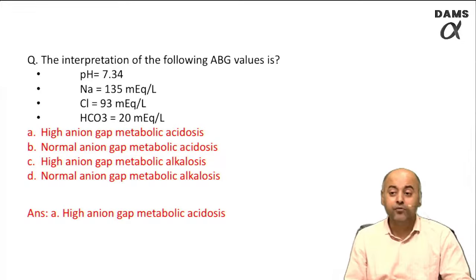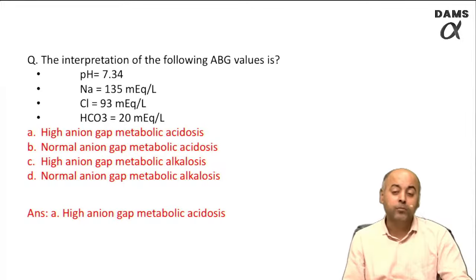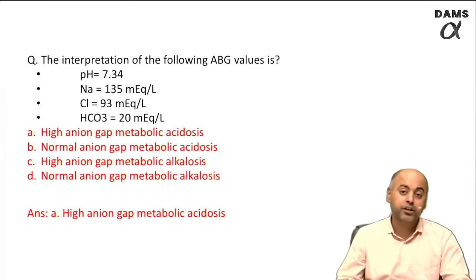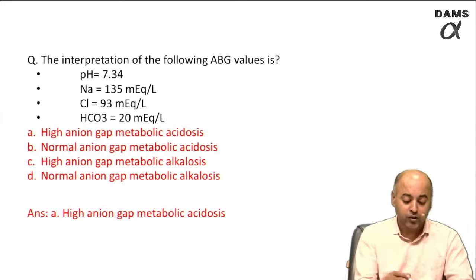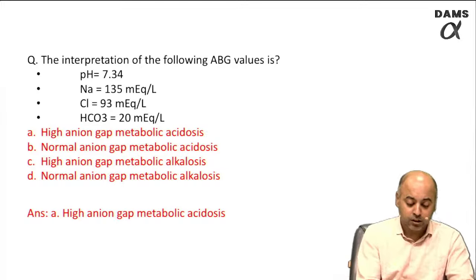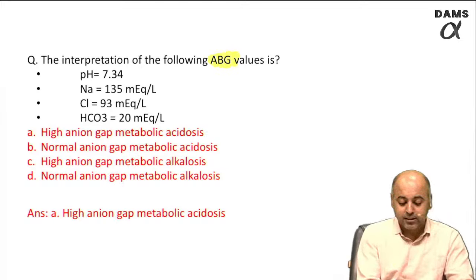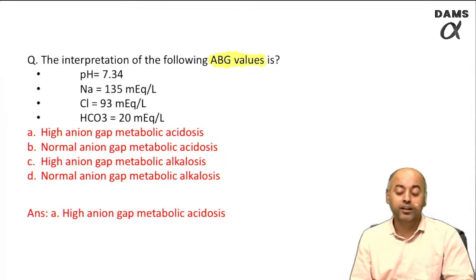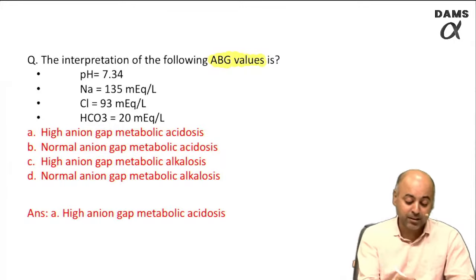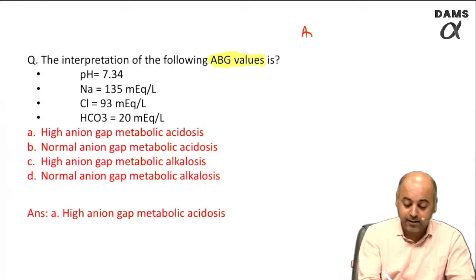Now, very important, very commonly and most frequently repeated question in your exam will be the question on the acid base disorders, where you get the result of the ABG analysis, arterial blood gas analysis results.